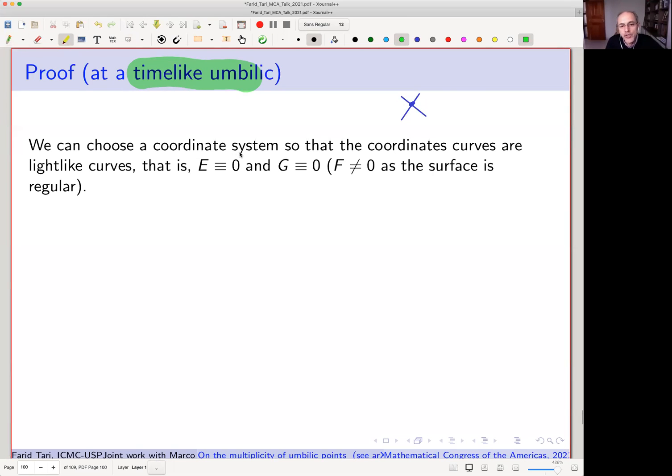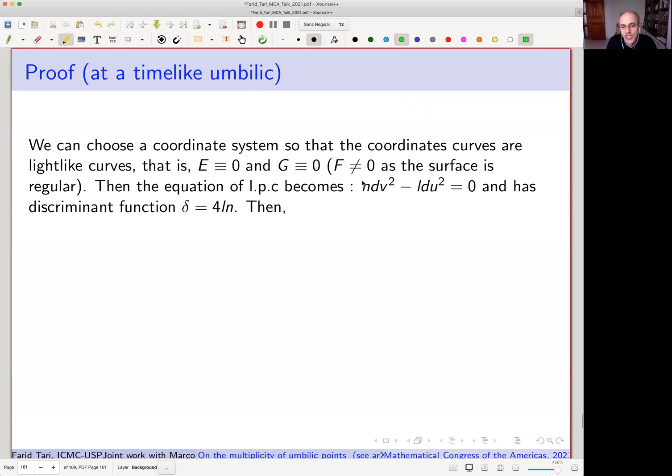So I can choose a coordinate system such that the coordinate curves are exactly light-like curves. So E equal to 0, G equal to 0, and then F is different from 0. And in this case, the equation of the lines of principal curvature has a simple form, and the discriminant of this equation is just the product of L times N.